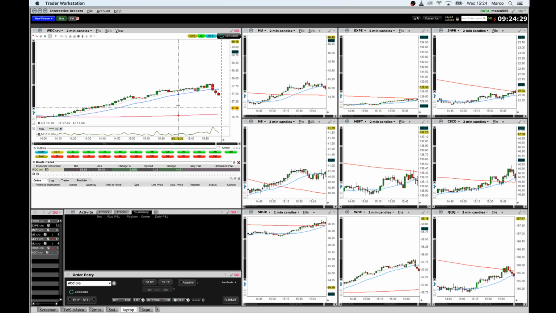5 minutes to go. I have my sheet here with some sizes that I will take. I can take 10 shares, I can take 20 shares, that means 50 cents risk. Then I can take 30 shares, I think it's 0.333 risk, 40 shares, 50 shares.